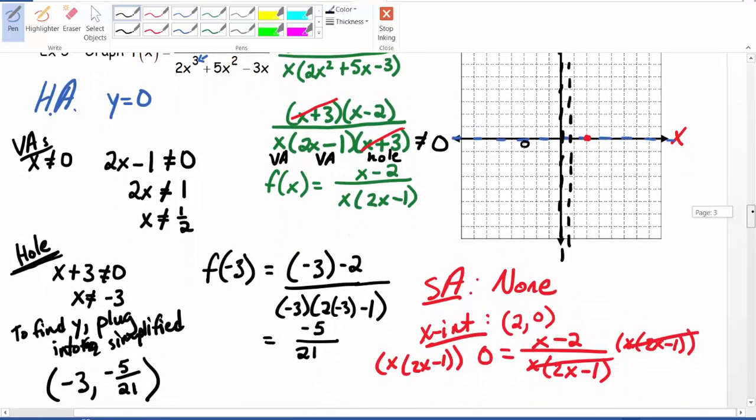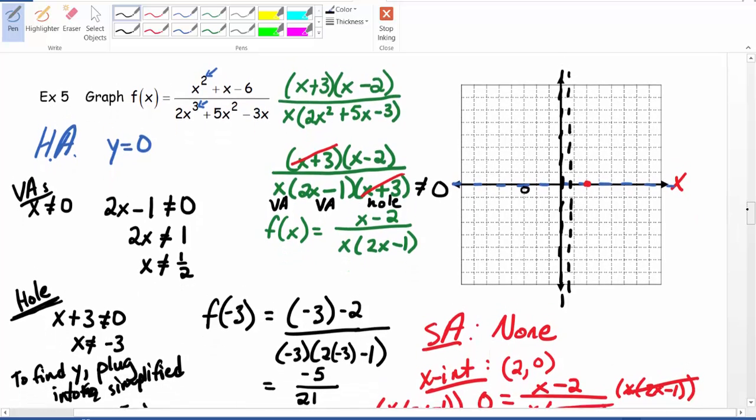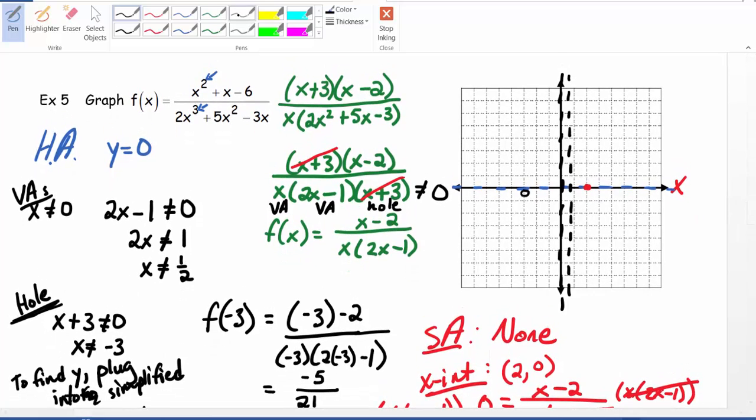Pretty much now just graphing this item. You can plot a bunch of different points, but the general shape of what this thing should look like would do something like this. Then it's going to come way up here. In fact, it's really almost off the graph.